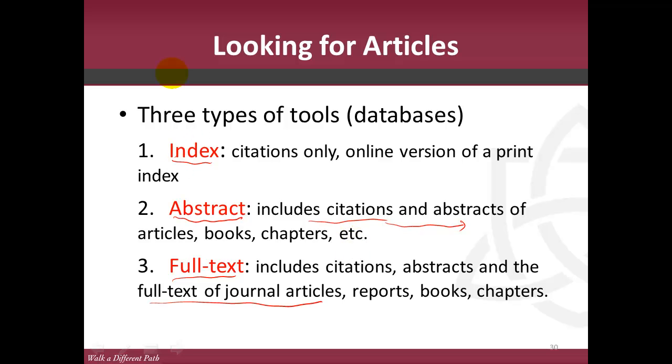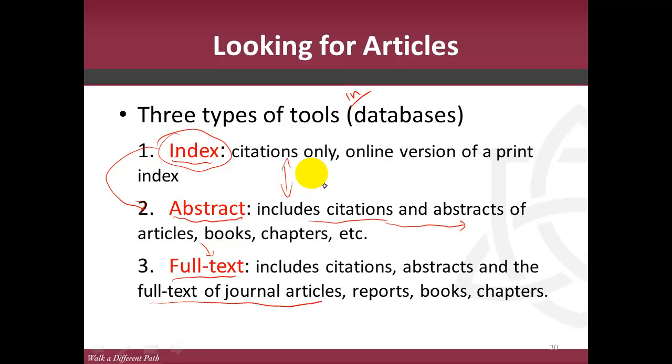So with these 3 types of tools in databases, sometimes you'll just get a bunch of results, just a listing. Other times there will be abstracts, just a summary, and you might say, well, those are not useful to me. Well, the usefulness comes in if you are not able to find the full text online.